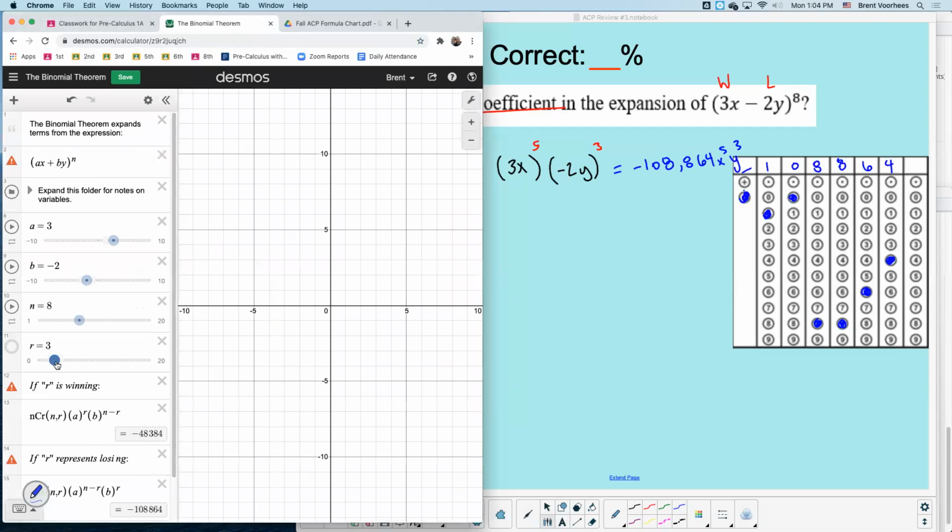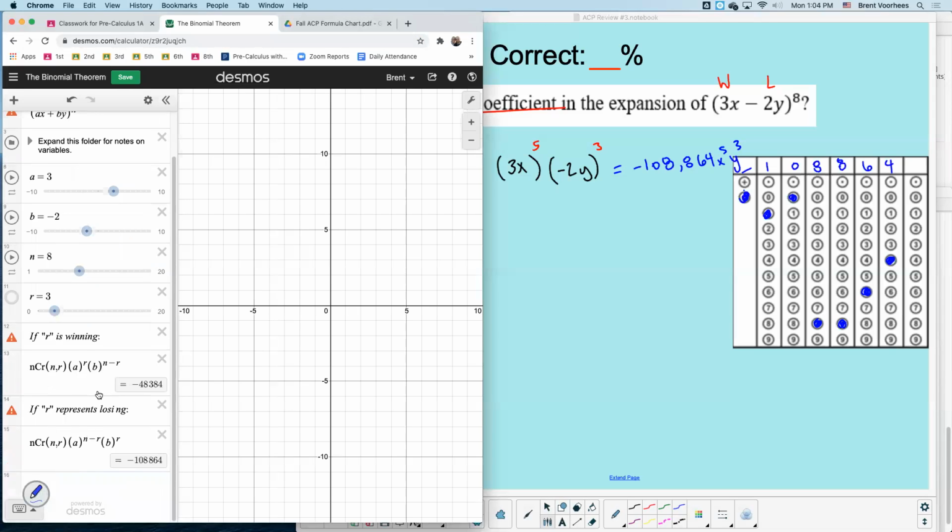And we decided you could use an r of 3 or 5. And so if n is winning, you go to 5 here, and you get that. If you're going to list it by the losses, the 3 is the losses, then you'd see you get the same number there, but you have to go to the losing portion. So anyways, the answer is negative 108,864, just like we got.